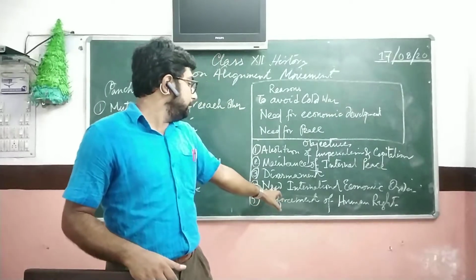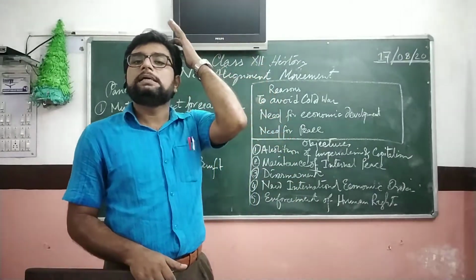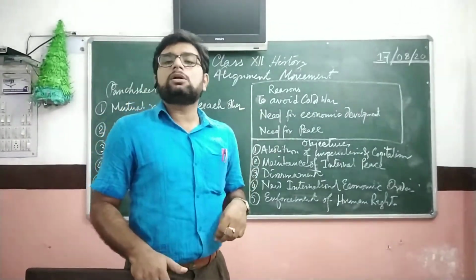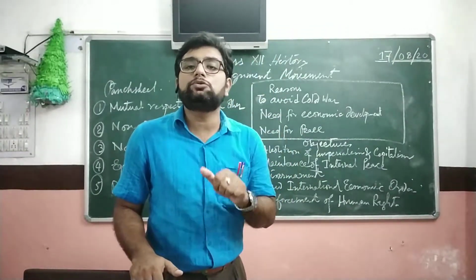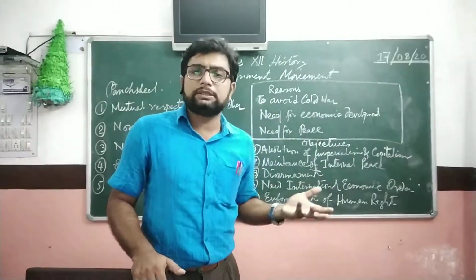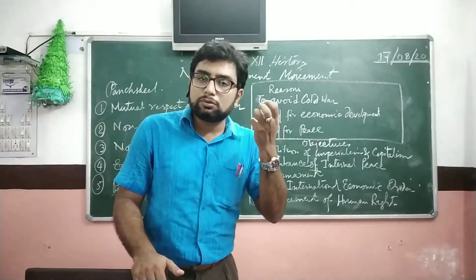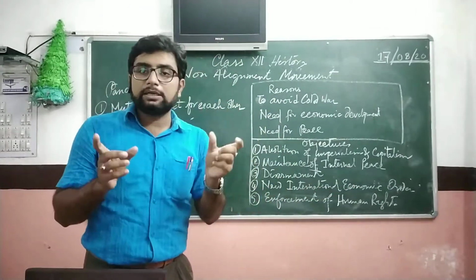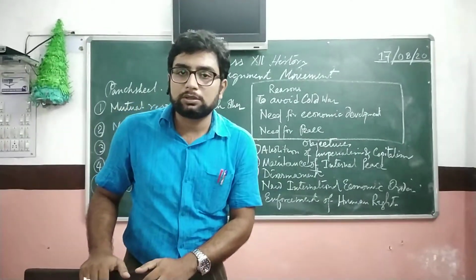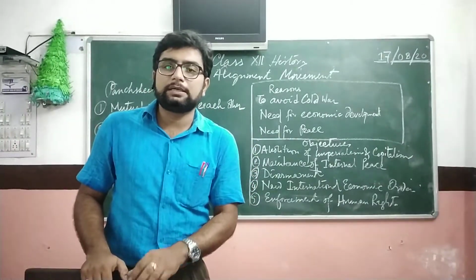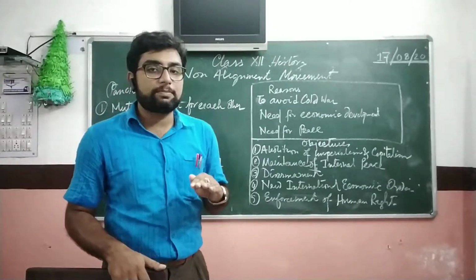Second last point, the new international economic order. The NAM member countries realized that the economic order of the countries at that point of time all over the world was not very neutral. It was biased. It was facilitating the powerful countries. It was not taking care of the newly coined term, the third world, countries that had just become independent and whose economy was not that stable.